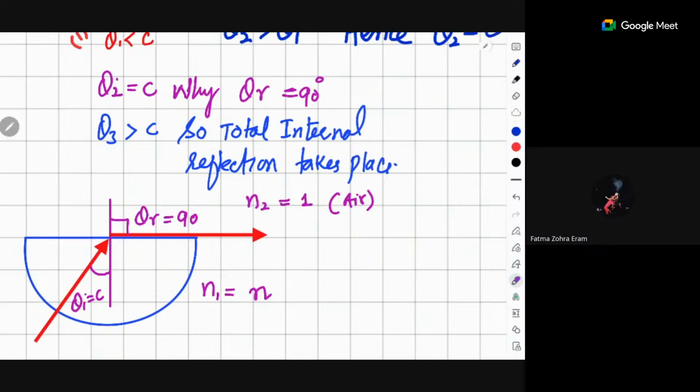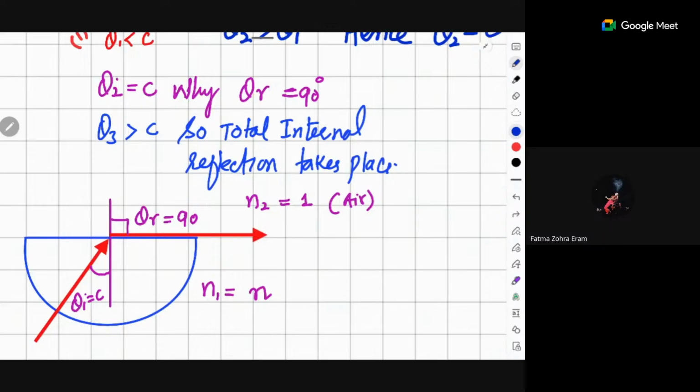And according to definition, that angle of incidence for which the angle of refraction becomes 90 degree, that angle of incidence is called critical angle. Is this very clear to you? Yes, sir. Okay, so I'm just going to erase this all.